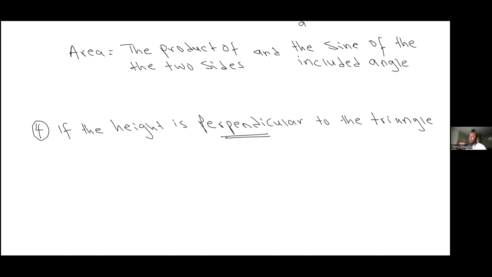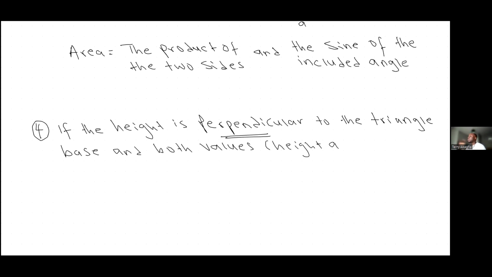So if the height is perpendicular to the triangle base and both values are known, that means you know the value of the height and you also know the value of the base.